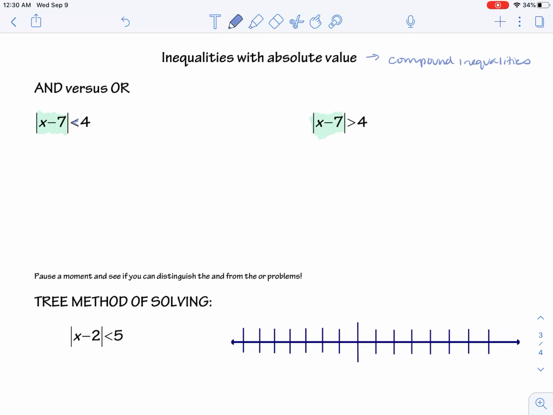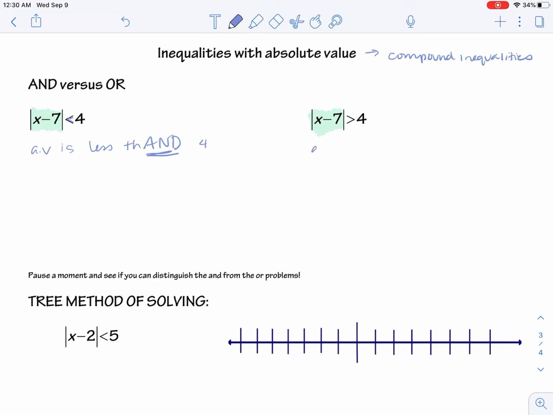And you can think of it this way. If you just read from left to right and say, oh, the absolute value is less than 4, it's an and statement. When it's eating the number, it's an and statement. And if you read this from left to right, you would say the absolute value is greater.